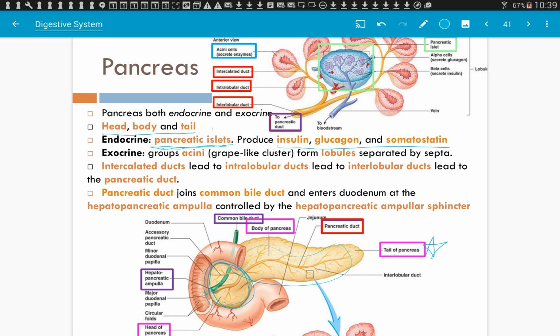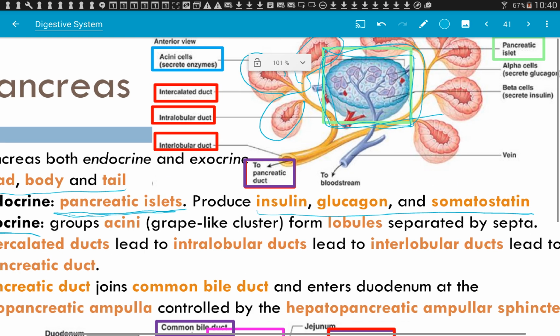The exocrine portion of the pancreas. So first of all, pancreatic islets, these are the blue stuff, the blue little round ones here. These little lobules outside of those are the acinar cells. Those are what are producing your digestive enzymes. So if you look closely at the picture, can we look closer?